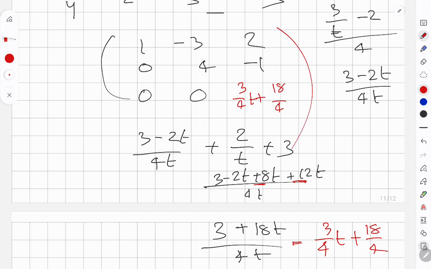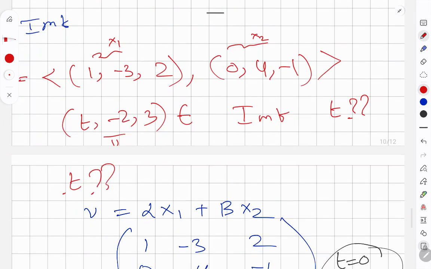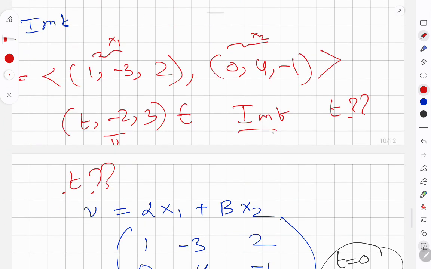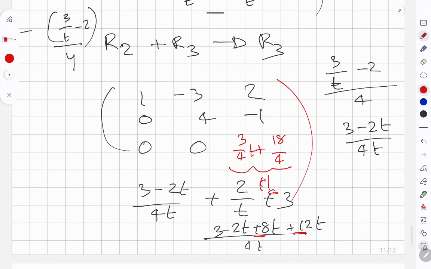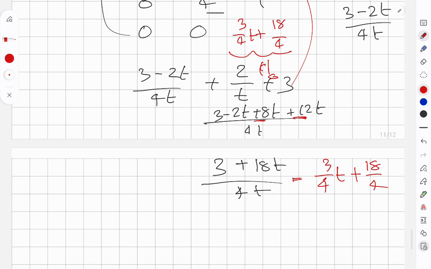So if this thing becomes 0, v belongs to the image. Correct. We are doing very simple things. You see, the concept of the first class we are using everywhere. That's the first basic thing. 3 by 4t plus 18 by 4 is equal to 0.